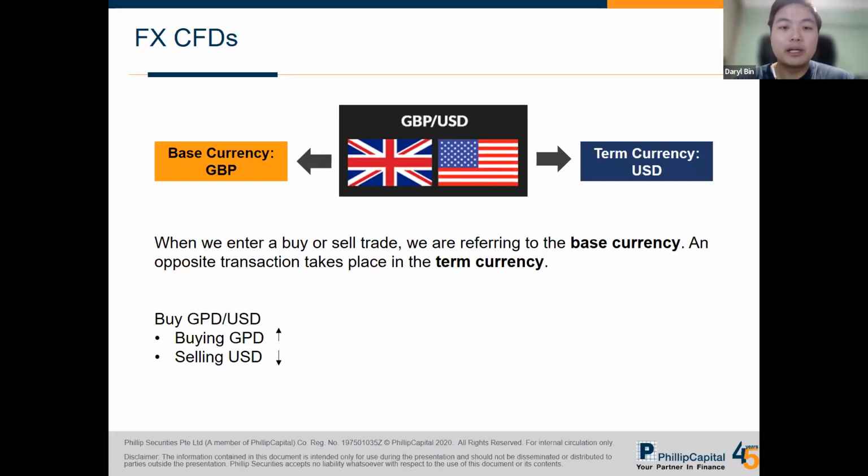If you want to buy or take a long position in GBP/USD, essentially we are buying the pound and we are hoping that the dollar will weaken, so we are selling the dollar. In a long position, we want the pound to strengthen and the dollar to weaken. If we are in a short position, then for us to profit, the pound must weaken and the dollar must strengthen.